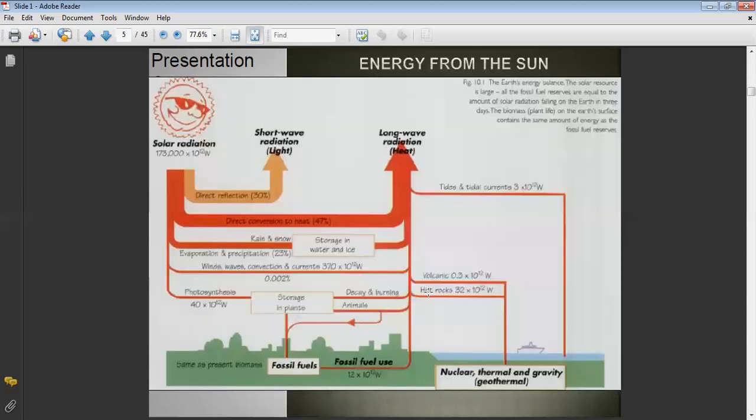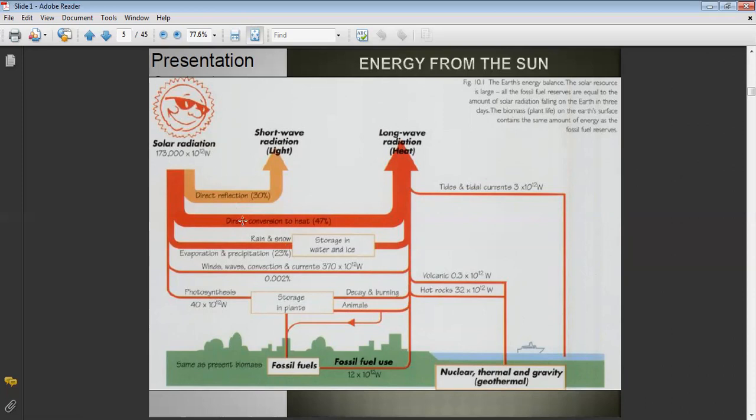This is a basic diagram in which the solar radiation, as you can see on the top left-hand side, is 173,000 times 10 to the power 12 watts, coming in directly. Direct reflectance is 30%, which goes back in short wavelength form right after touching the atmospheric zone, the cover that we have.